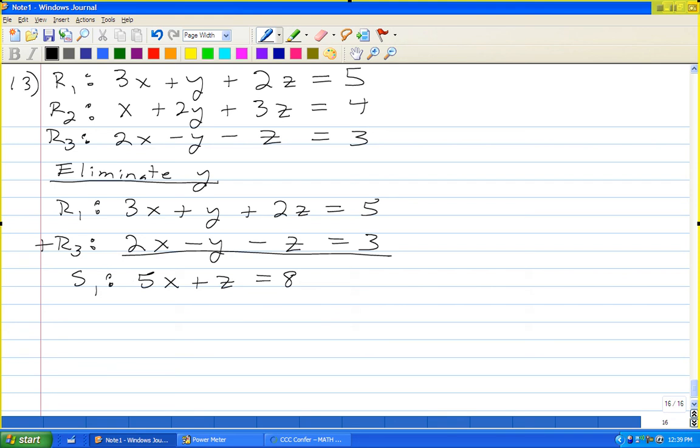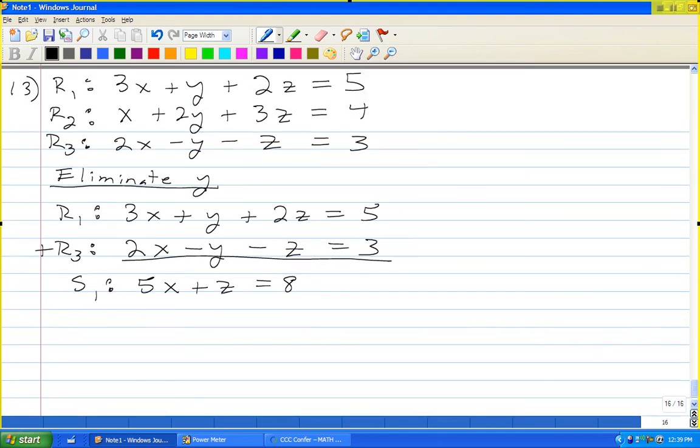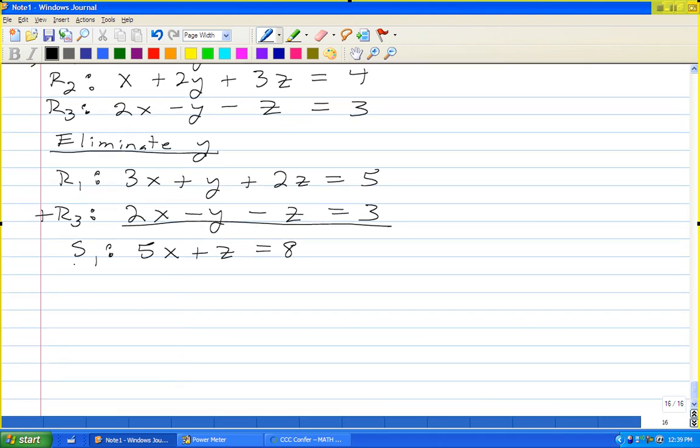Let's use maybe R2 and R3. Yeah, R2 and R3. So let's do R2, x plus 2y plus 3z equals 4. Let's do R2 plus 2 R3, since you have a 2 here.